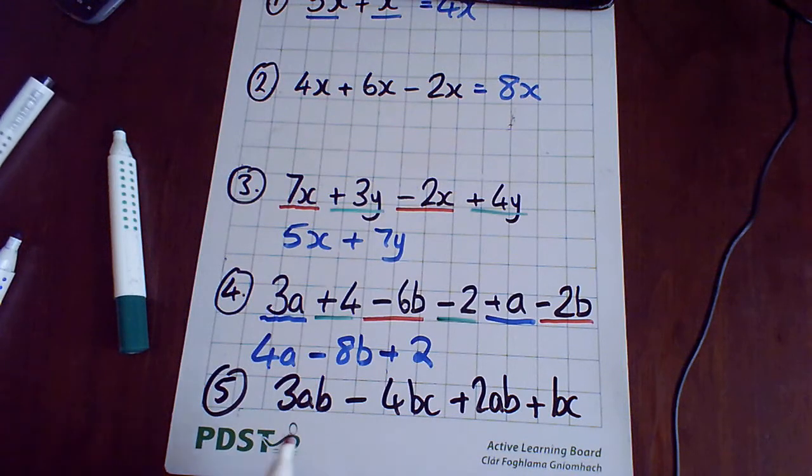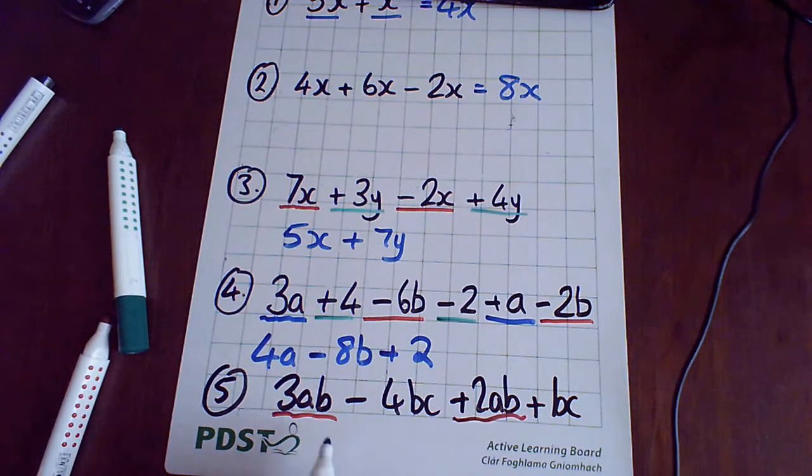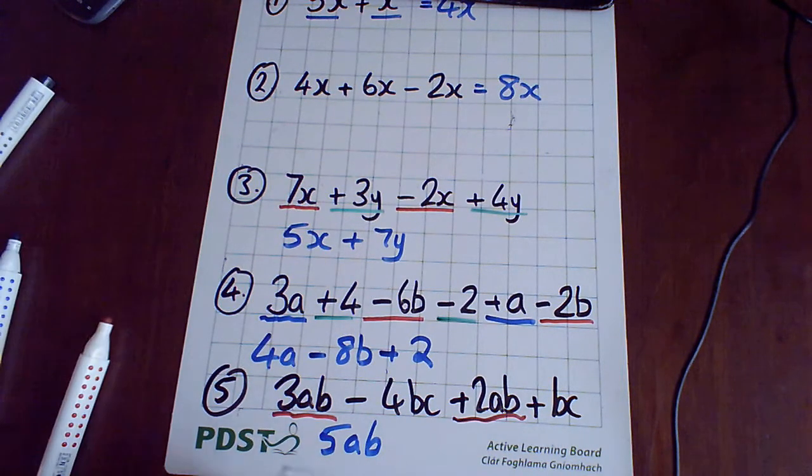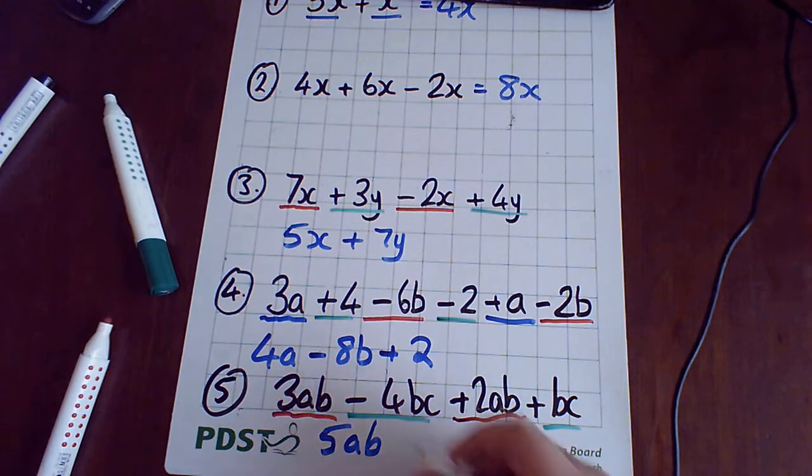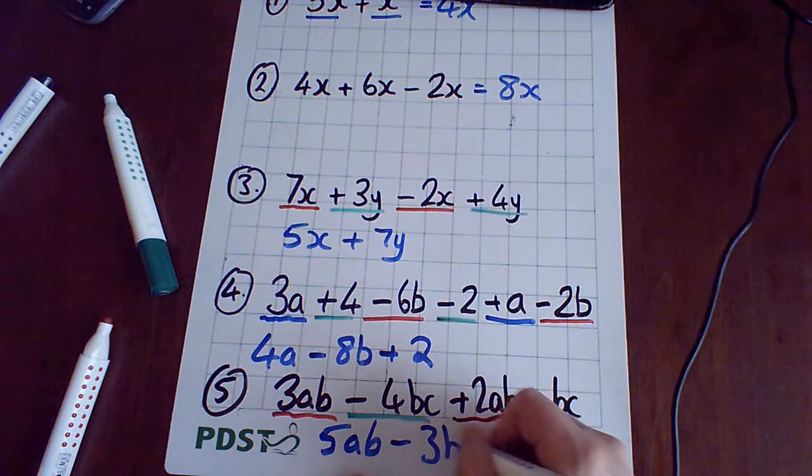So like terms again, 3ab plus 2ab, both the letters have to be the same, so that's going to give us 5ab. And then the other one is minus 4bc and plus bc, so minus 4bc plus 1bc is minus 3bc.